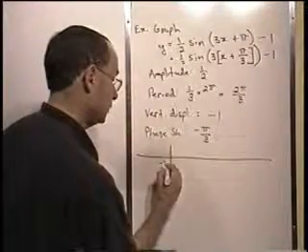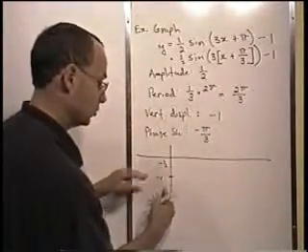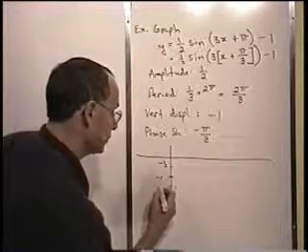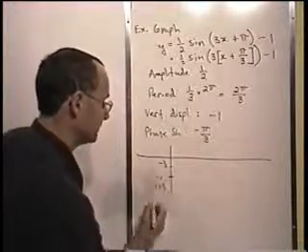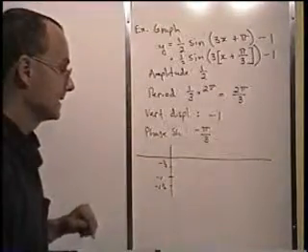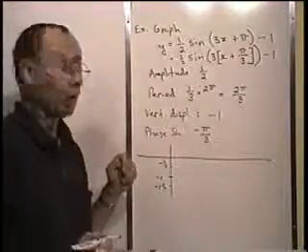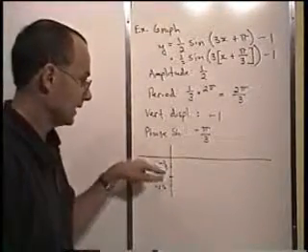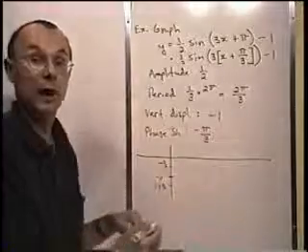So this would be -1/2, and down here would be -1.5.